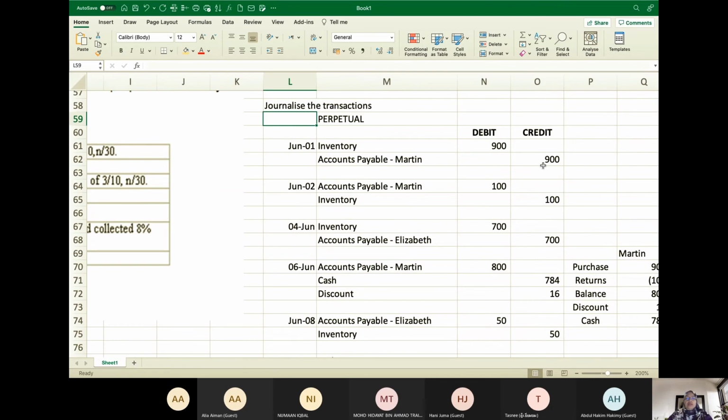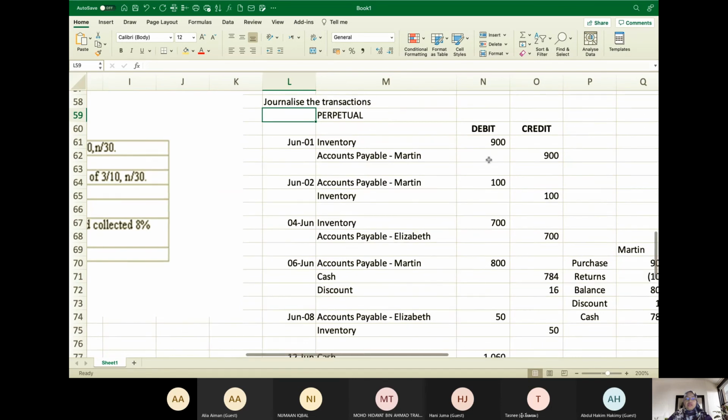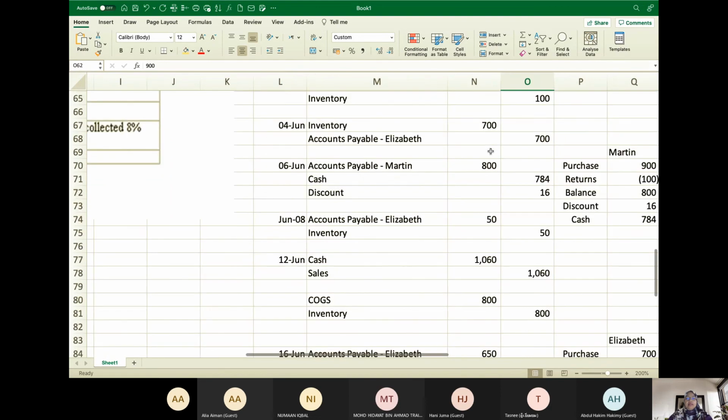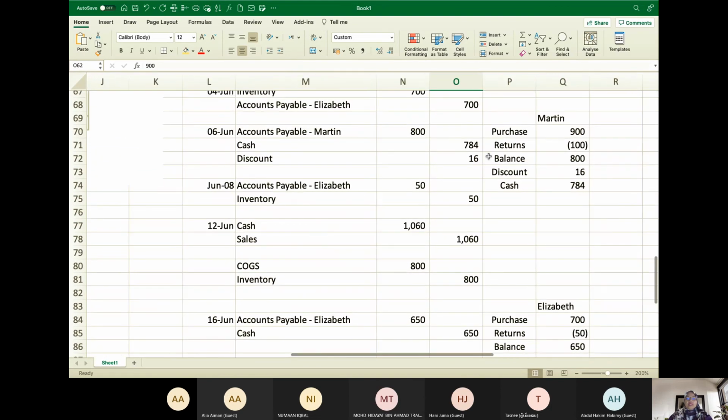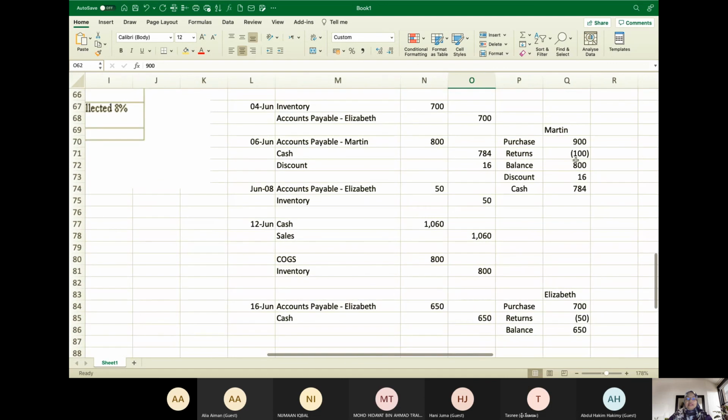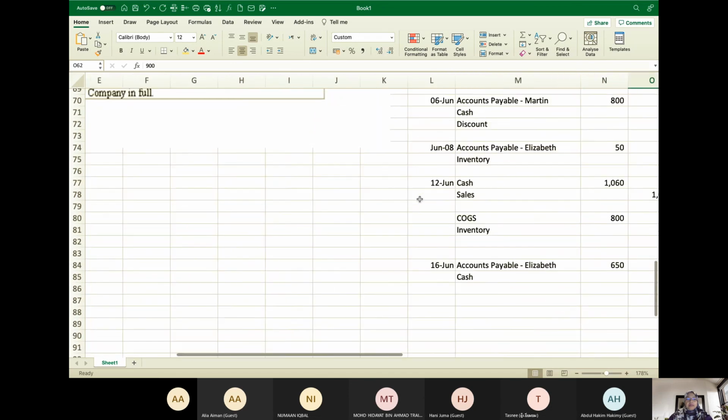If you wrongly state inventory to be debited, or accounts payable to be credited, it is wrong. It has to be correct, which account to be debited and which account to be credited. And you also have to do some workings to know how much is the balance amount due, especially if there are returns on the purchases.